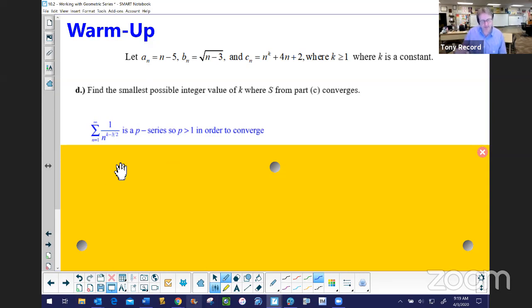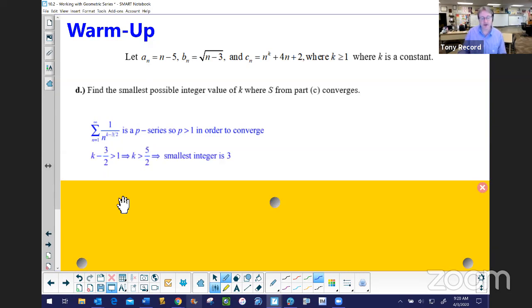And in order for that to be a p series, and in order for it to converge, we need this k minus 3 halves being greater than 1. So we just add 3 halves over to the 1, and we get k is greater than 5 over 2. Now you have to be careful because we didn't really answer the question yet. It wants to know the smallest possible integer value. So you have to think, what's the next integer that's larger than 5 over 2, 2.5 in this case, and that would give us the 3.